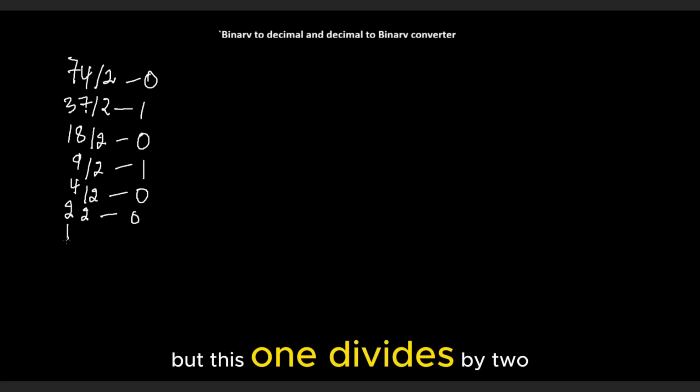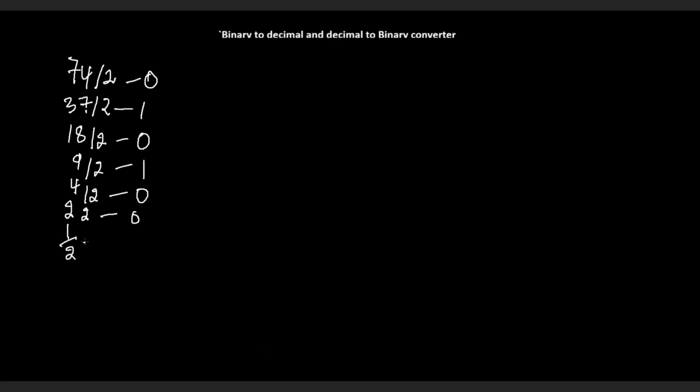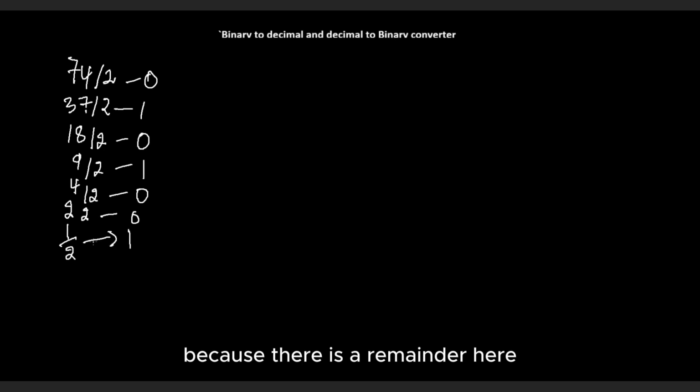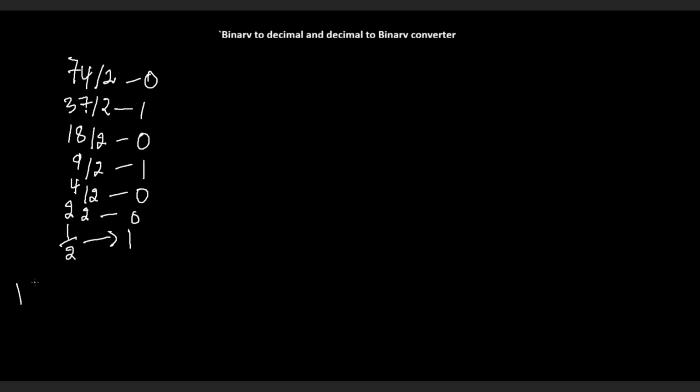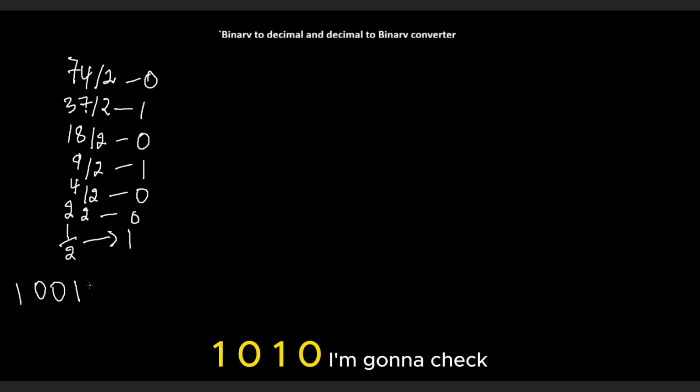But this 1 divided by 2 is going to give me a 1, because there is a remainder here. So this is our binary number of 74. Now we have 1, because we count backward, 0, 0, 1, 0, 1, 0.